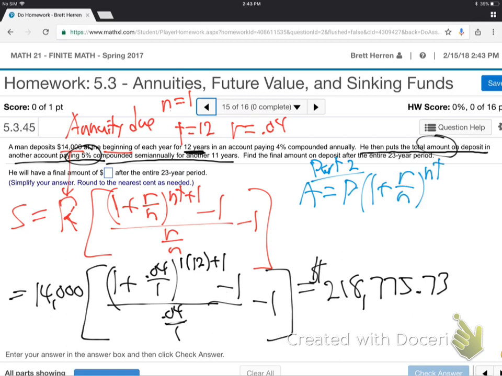Does that make sense? It's just growing. It's not payments. It's not an annuity. It's not regular payments, is it? So you just put in the 218 thousand as the principal. The interest rate is 5%, so that's 0.05. It's semi-annually, so N is 2, for 11 years. T is 11. And crank that out, and you'll get your final answer.